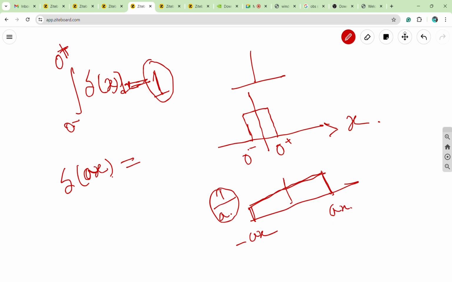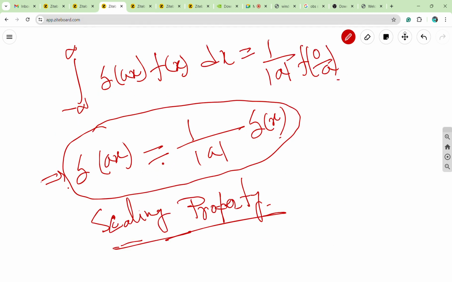It's the area within the small vicinity between 0 minus and 0 plus, and within this limit it's a square pulse. If we scale it by a, this area should be decreased like that. So the total area remains constant, the value of the delta function remains 1, but the magnitude decreases by a factor of 1 by a. That's the physical intuition from where this equation comes.